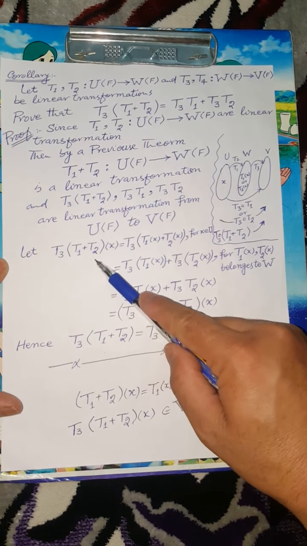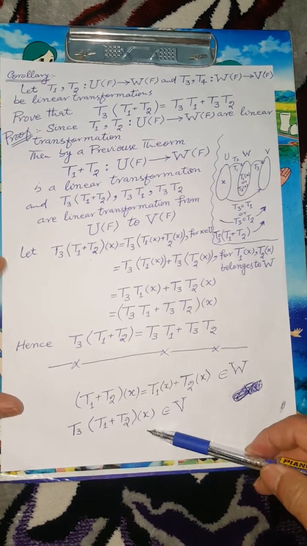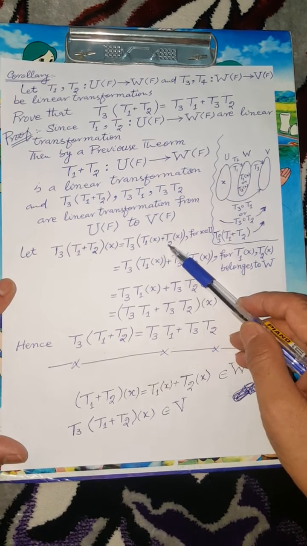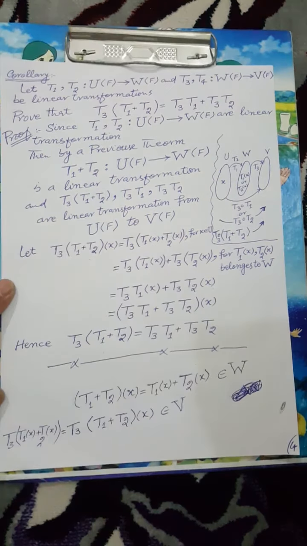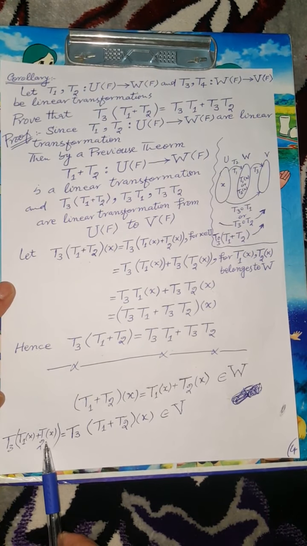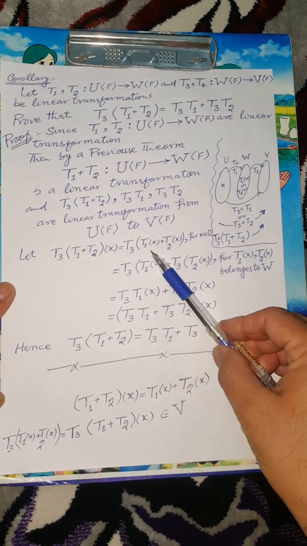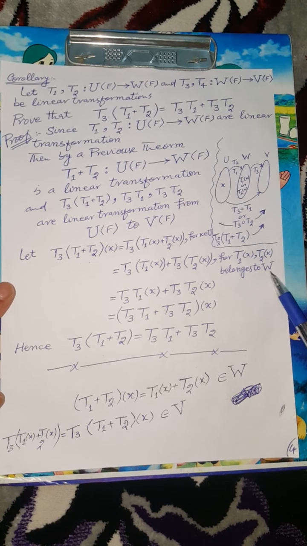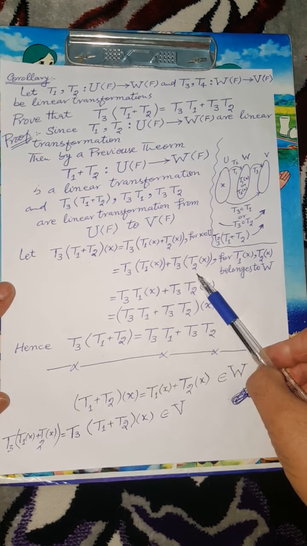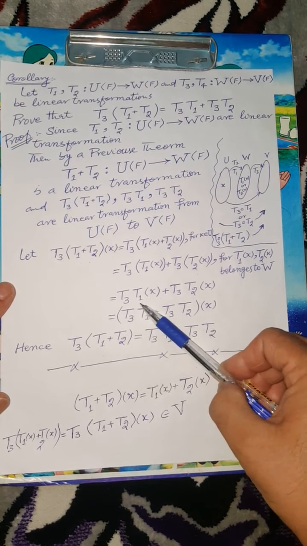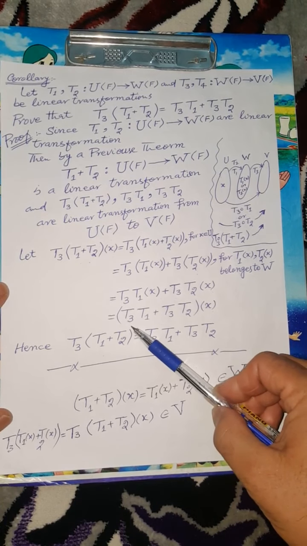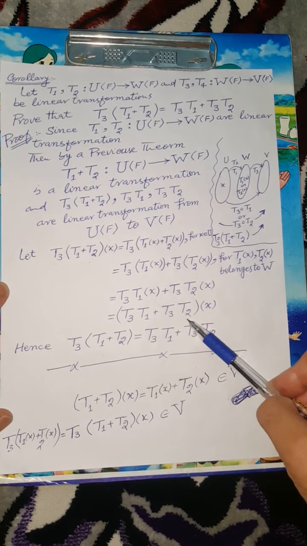Let T3 composition of T1 plus T2 applied to x be equal to T3 composition of T1x plus T2x, which is also equal to the composition of T3 and T1x plus T2x, where T1x, T2x are elements of the vector space W, which is also equal to T3 composition of T1x plus T3 composition of T2x, which is also equal to the composition of T3 T1x plus the composition of T3 T2x, which is also equal to the composition of T3 T1 plus the composition of T3 T2 applied to x.